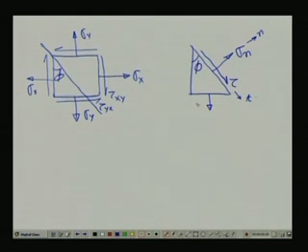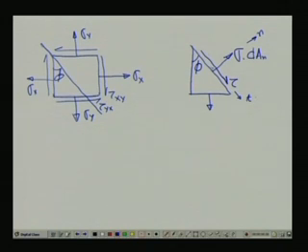Now without drawing any other figure, let us write down the force values onto the plane directly. What is the force acting onto this plane? This will be just sigma into dAn, the normal area.